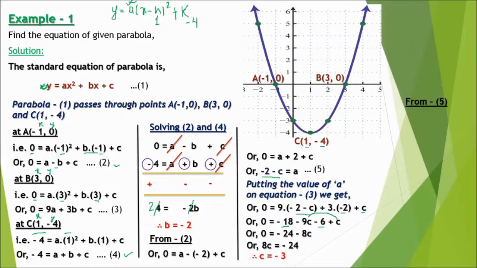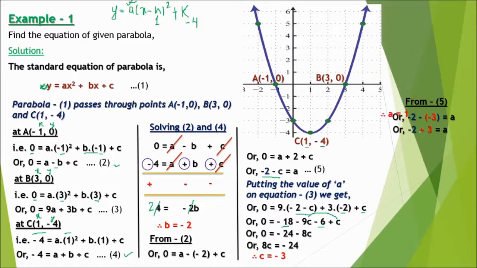From equation 5, you can use any of equations 2, 3, 4, so you will get the value of a. We have a equals minus 2 minus c. Now we can substitute the value of c as minus 3, or minus 2 plus 3 equal to a.